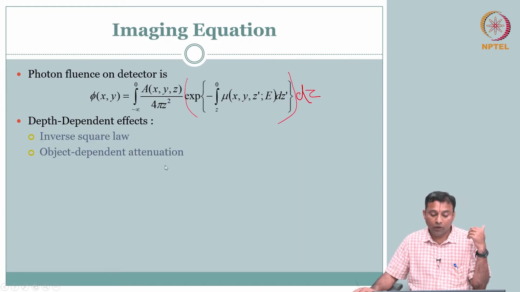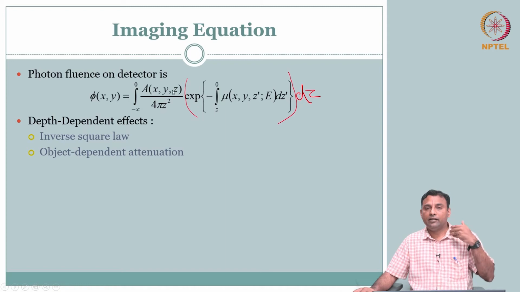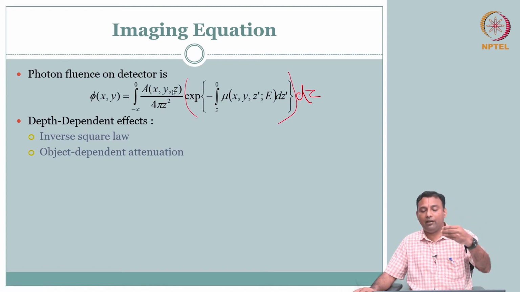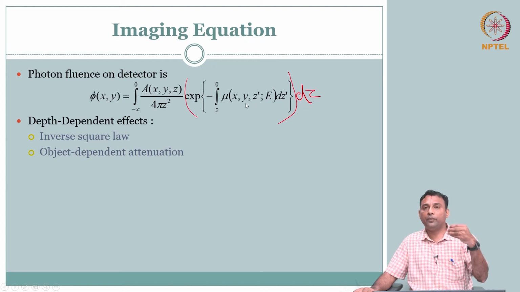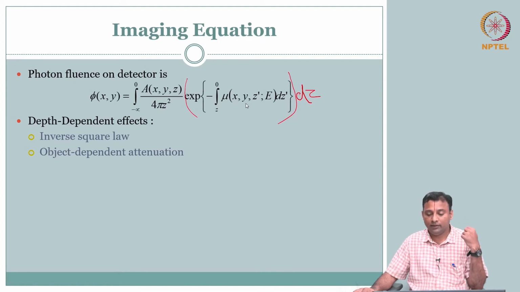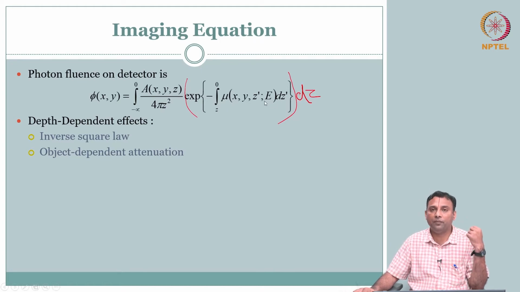So you have object dependent attenuation. What is this depth saying? If you have some activity in the front or back, it is going to travel through your mu. Depending on whether there is more material in front or back, the path is going to have an effect as well.